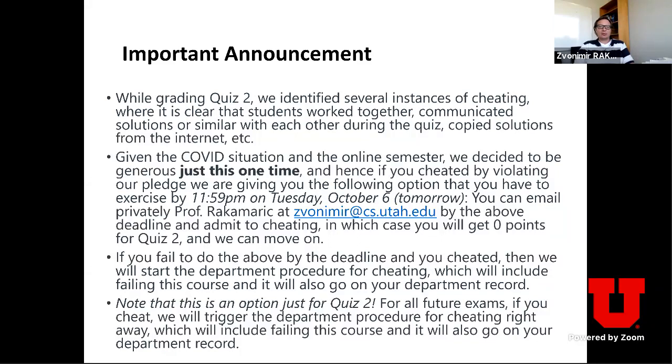If you look at the syllabus, we have a strict rule that we report officially all instances of cheating, and you automatically fail the whole course if you cheated. However, after talking about it, we came to the conclusion that this is another unusual semester that is quite challenging for everyone because of COVID and teaching online and so on. And so for this quiz, we decided not to do that.